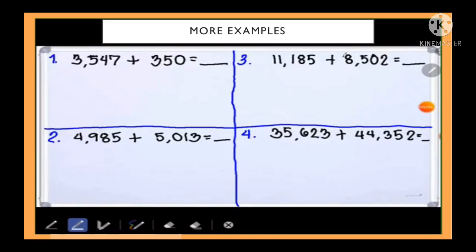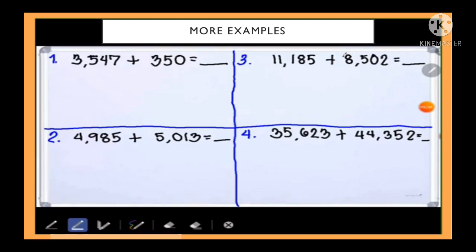Less than 10. What are the numbers? You can say 0 to 9, correct? But if we do addition with regrouping, our answers are not just 0 to 9, but also 0 to 19, or 0 to 18, something like that.